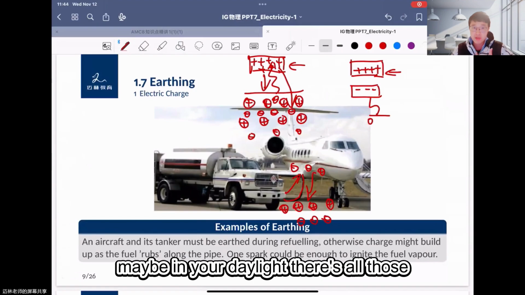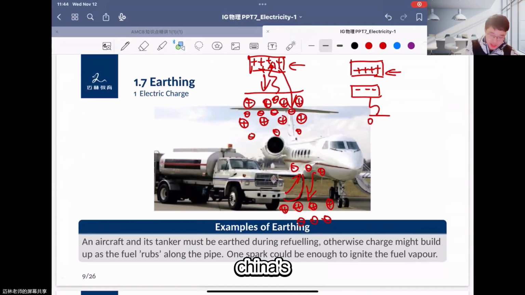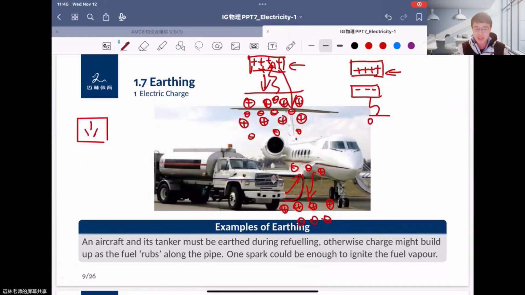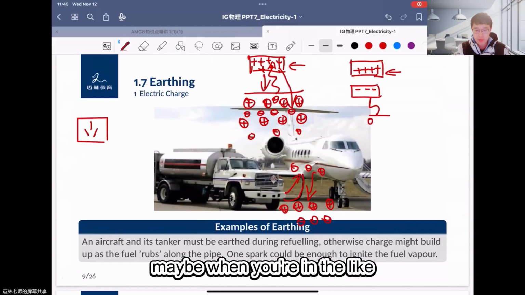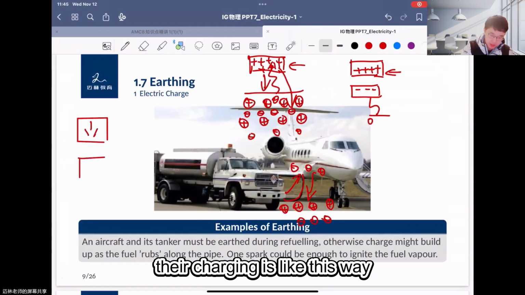Maybe in your daily life there are also some examples of earthing. If you're in China, you'll find the charging plug is this form. When you're in Malaysia or Singapore, you'll find the charging plug is this way.